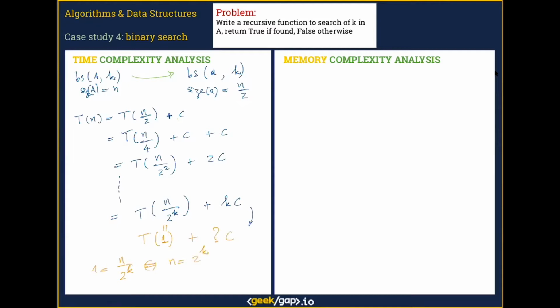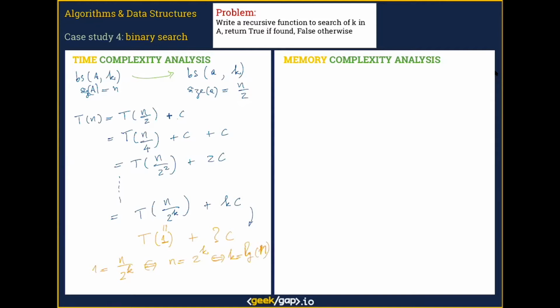If we put the logarithm on both sides, we get k equals log of n. Oh, sorry, it's the other way around. And that's how we get it.